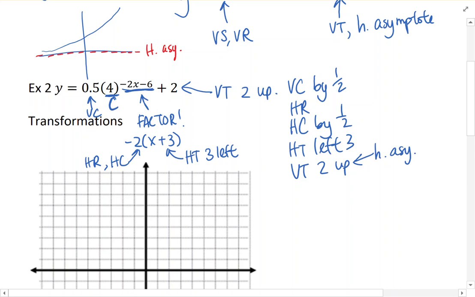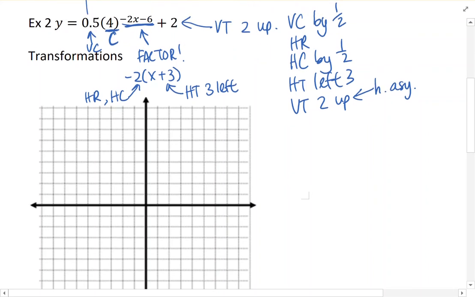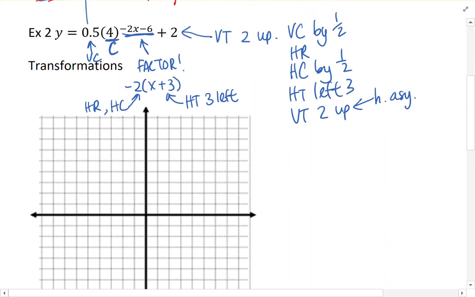Now it's a matter of plotting some points. But before we plot, let's deal with this mapping business here. Our x is going to be affected: it's going to be compressed, reflected, and moved to the left.